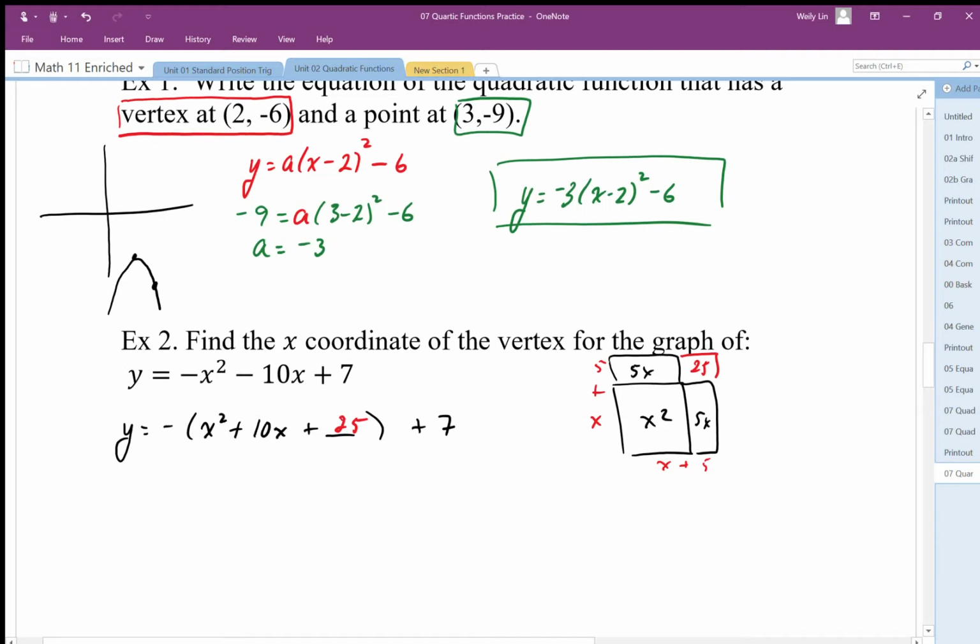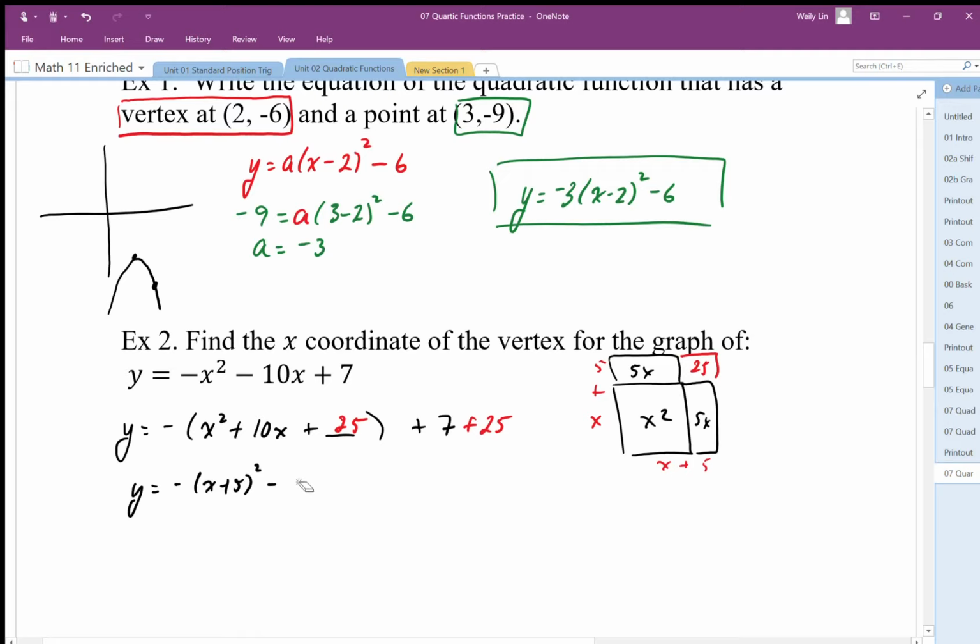Now this is a problem because I have now unbalanced my equation. I've added in one negative group of 25, so I have to balance that with a positive 25 on the same side of the equation. Once I've done that, I now have my completed square. I've balanced my equation, and I can solve.